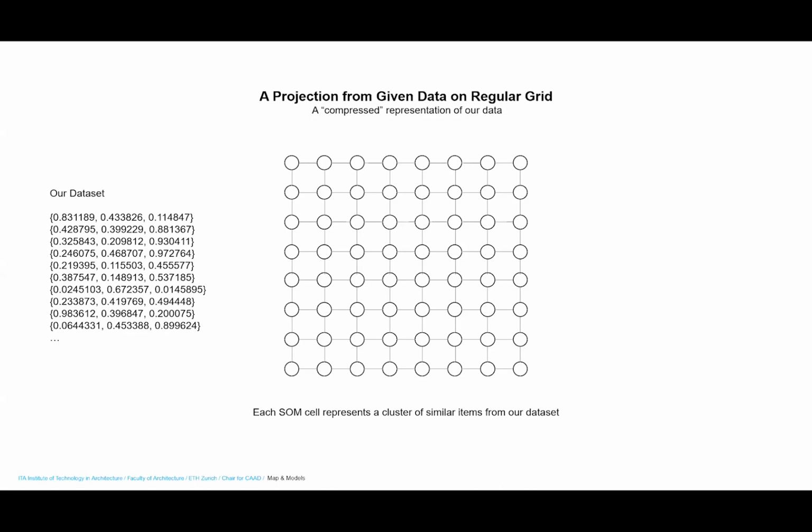We can have many of them, and each SOM cell represents a cluster of similar items from our data set, which means some of the items are projected to 1 cell, and some others are projected to another cell, until all the items of our data are projected to 1 cell in the SOM.